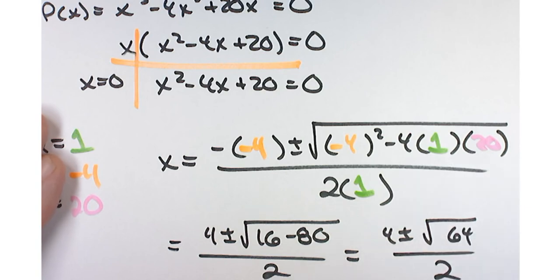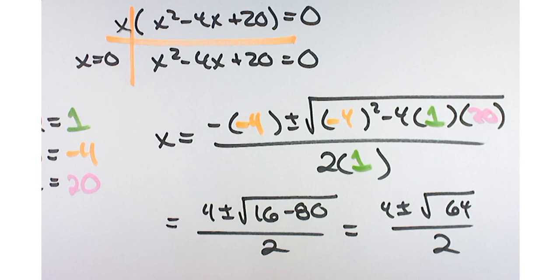What's wrong here? Negative out of the 64. Yeah, it's wishful thinking, but this is a negative 64. Good job, Nick. Thank you. Ryan, what's the square root of negative 64 going to be? Plus or minus 8i. Nice.